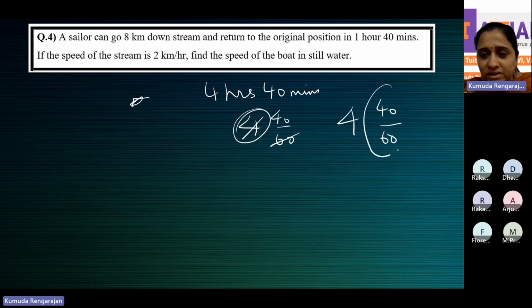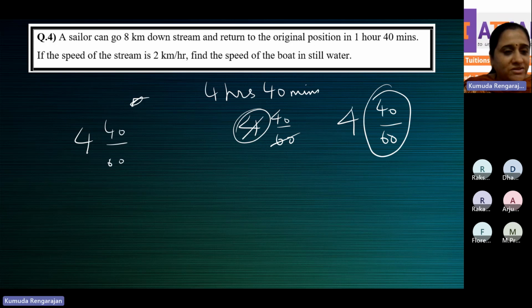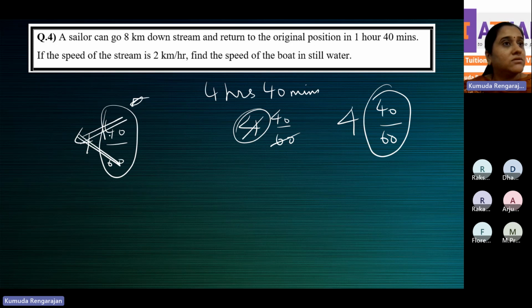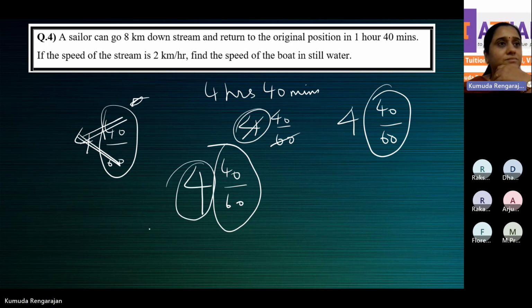In a mixed fraction you can cancel only within the fraction. You cannot cancel these two numbers. You should not disturb the whole number part. This 4 should not be disturbed.